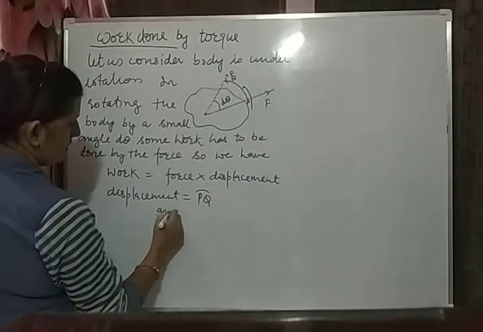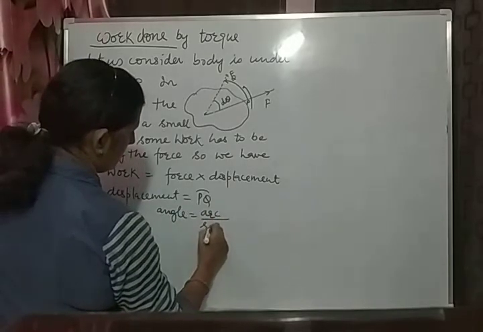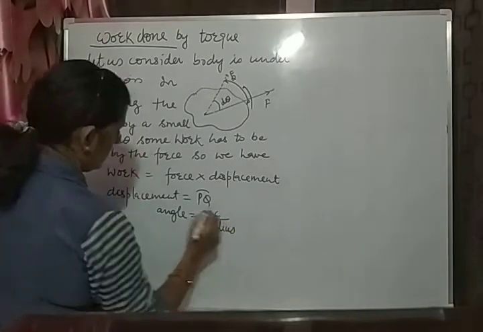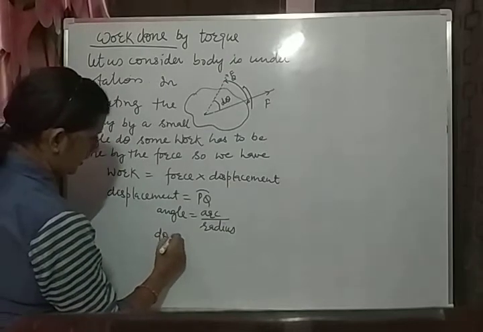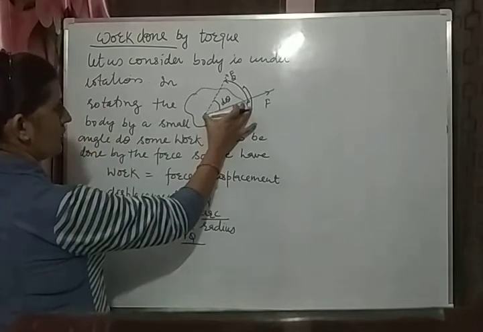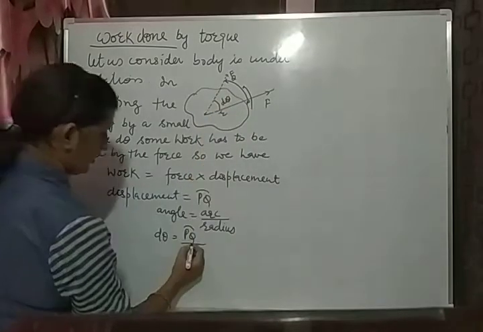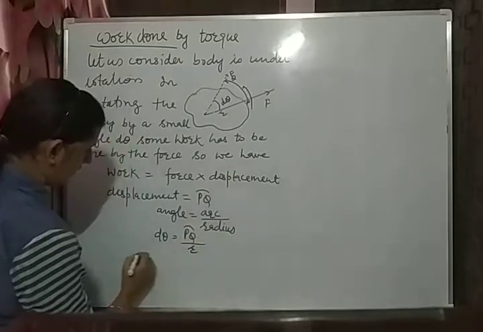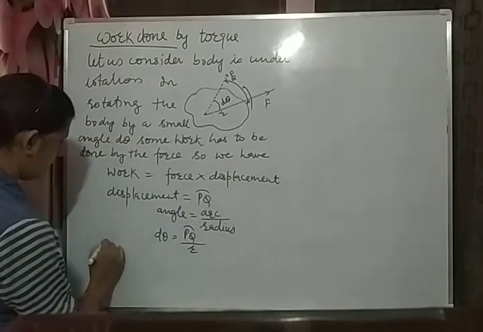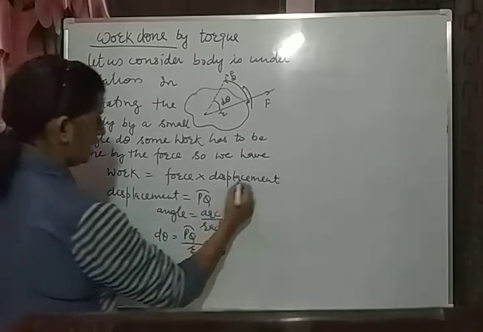We know that angle is equal to arc upon radius. This angle d theta is arc PQ upon the radius, and the radius is r. We can have the value of PQ from here: PQ is r into d theta.